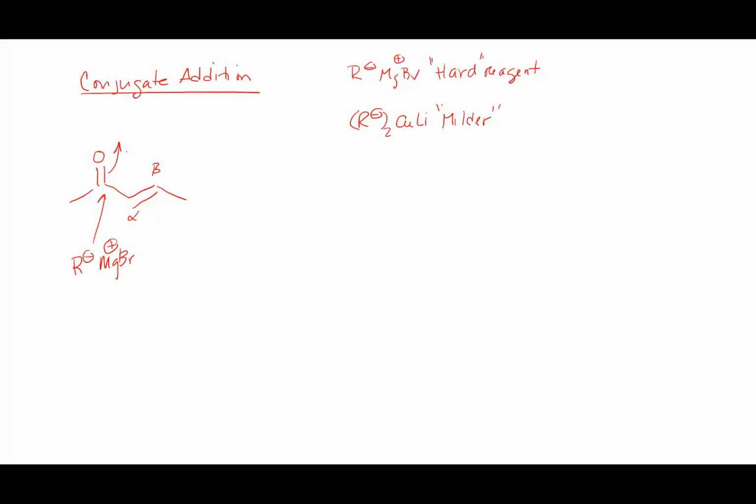It's going to be more reactive. And so in this case, I would end up reducing the carbonyl down to an alcohol. Okay, so Grignards always attack carbonyls.